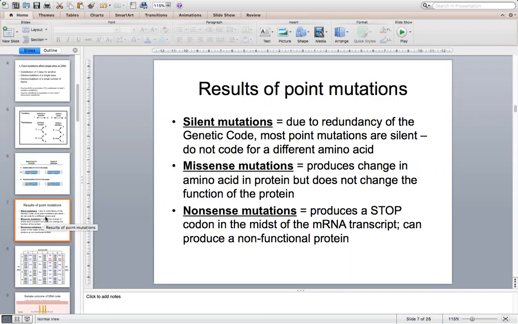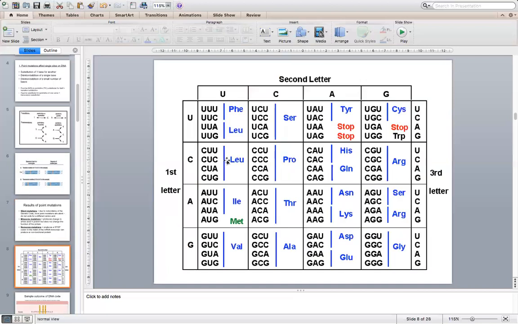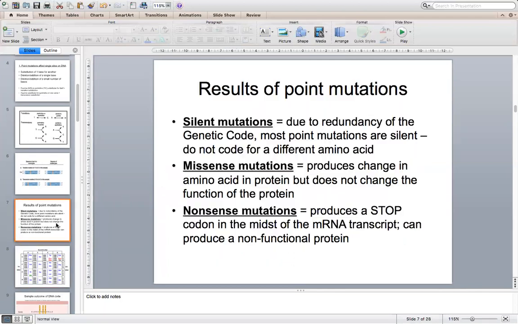It's a result of point mutation, as we already saw. Silent mutation means they still code for the same amino acid. So there is no change over here. That is called a silent mutation.